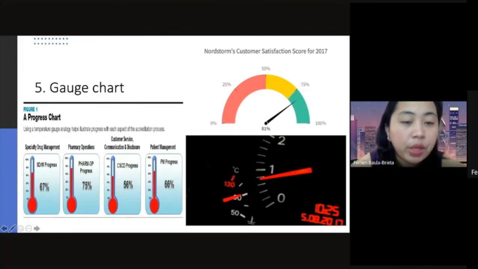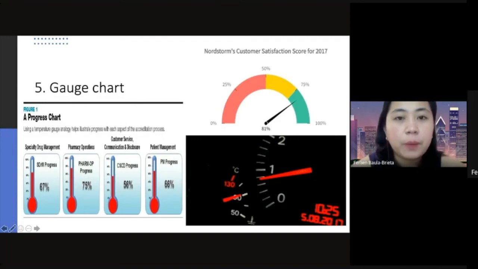Pharmacy operation is 75%. Customer service communication, 56%, and patient management, 66%. So for example, if you are having cold chain management in your study, then you can present your results in a gauge chart using a thermometer.